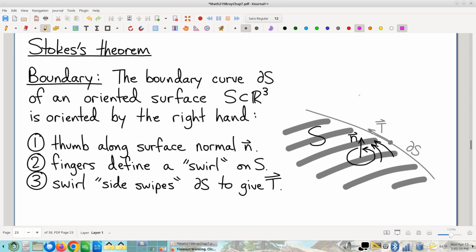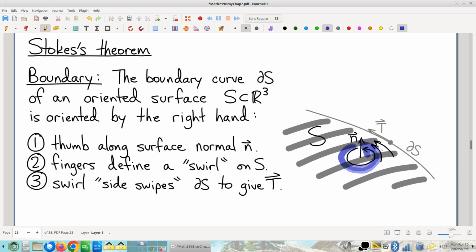So your thumb and your fingers are going to define which way that goes, and then as you drag one of these swirls like this closer to the boundary edge, it's going this way. And as you drag closer and closer, eventually you're going to see how it hits up against the boundary.